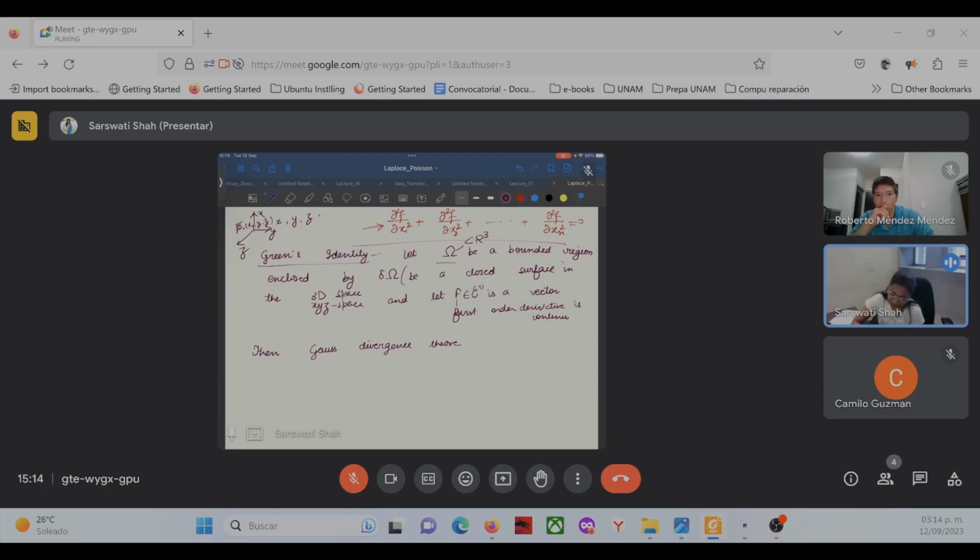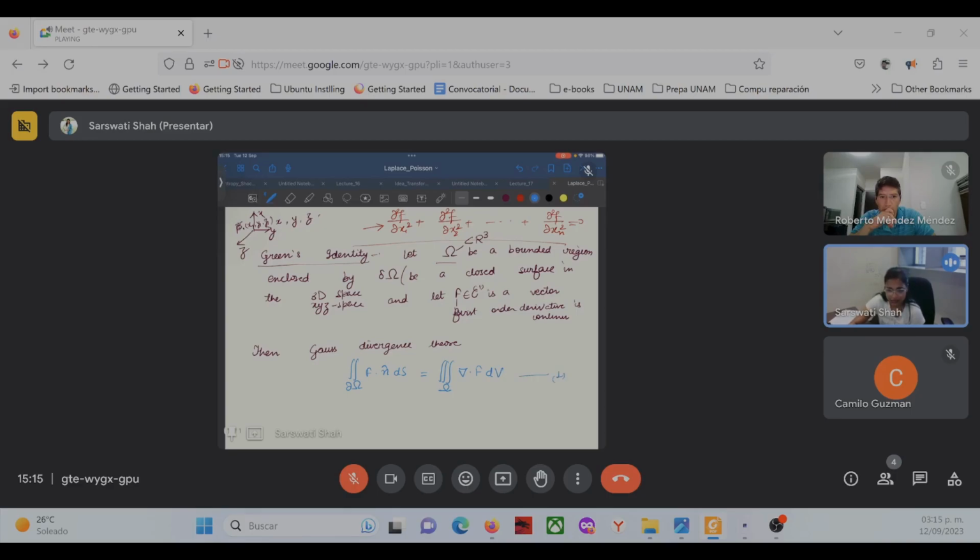So the Gauss divergence theorem: the integral over delta omega of F dot n dS equals the integral over omega of the divergence of F dV. Say this is equation number 1. Am I right?